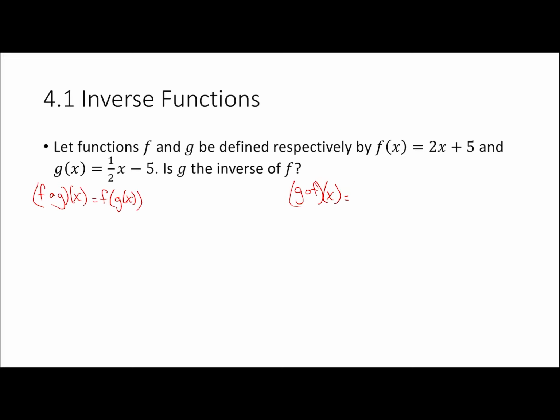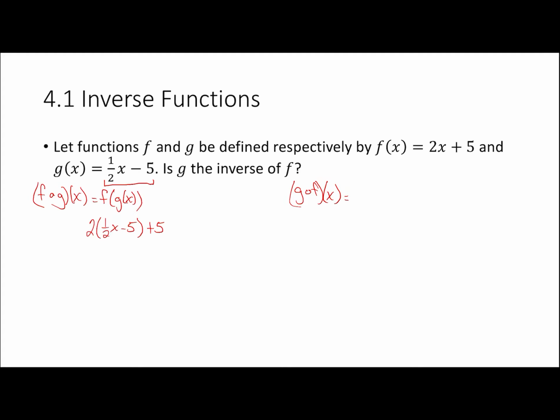Well, we know g of x, right? We know that's this function 1/2 x minus 5. We're going to substitute that into function f. And so we have 2 times (1/2 x minus 5) plus 5. Well, as we simplify that, we're going to distribute the 2.